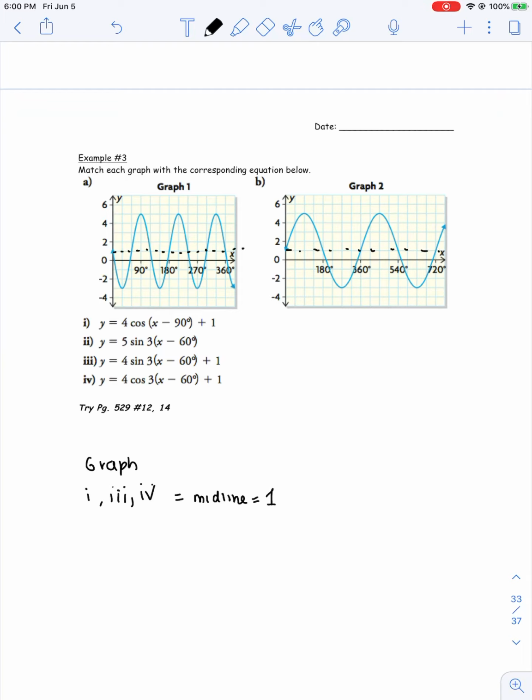And that's also the case for graph number 2. Graph number 2, midline is 1 as well. So we know that we can cross off graph number 2 because that won't work for either of them.